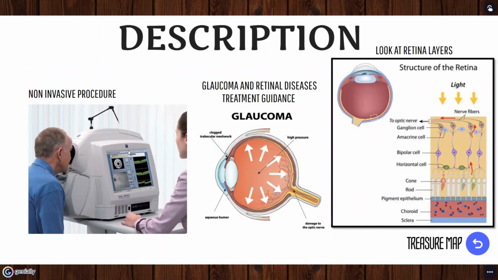As it is a non-invasive and non-contact technology, it is particularly attractive for ophthalmological applications, and it is good as a guide for glaucoma and retinal disease treatment. Also, with this modality, the retinal layers can be seen on a monitor.